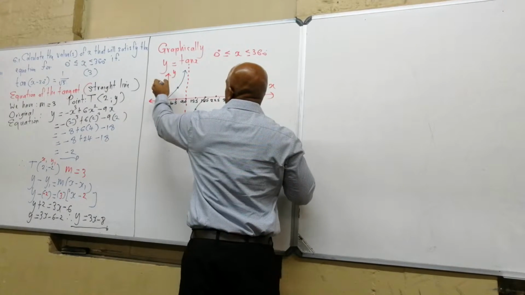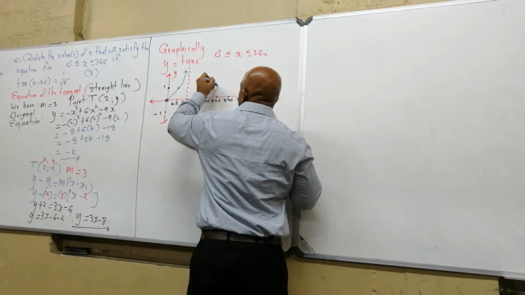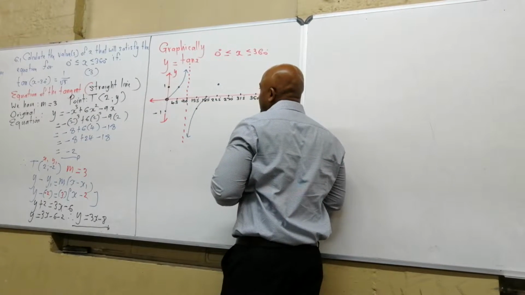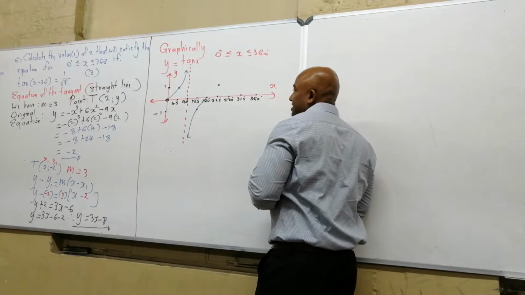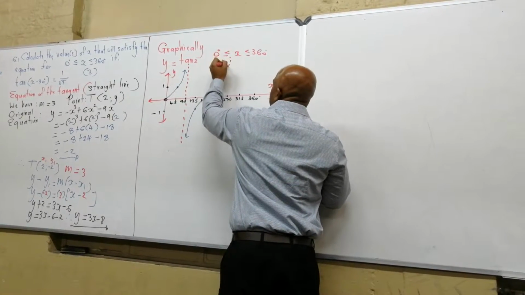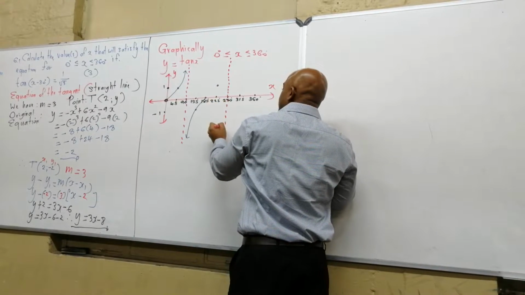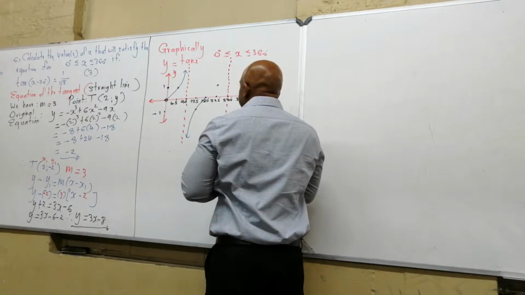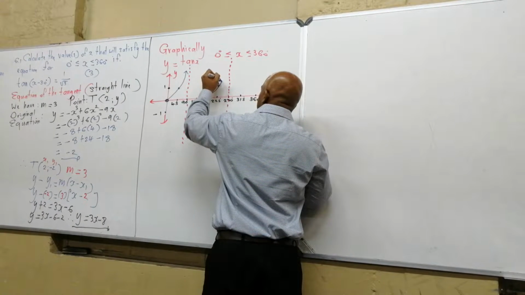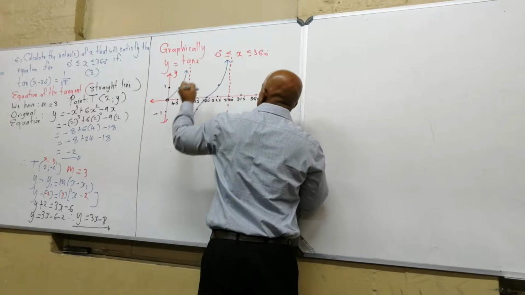So at 225 degrees, you get 1 again. And at 270 degrees, what's happening? You get an asymptote there again. So it's coming close there, but it does not touch.